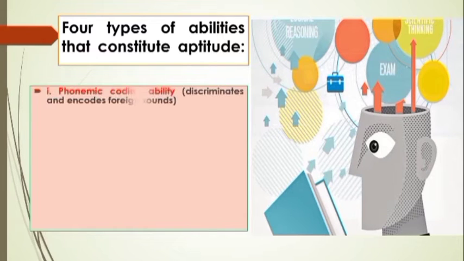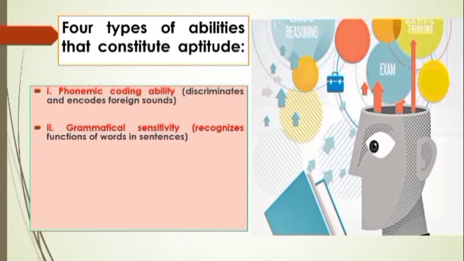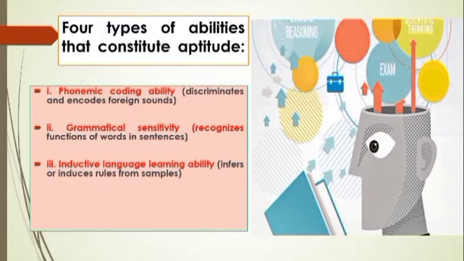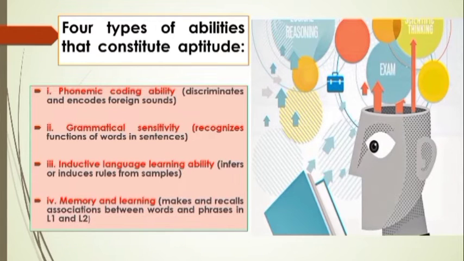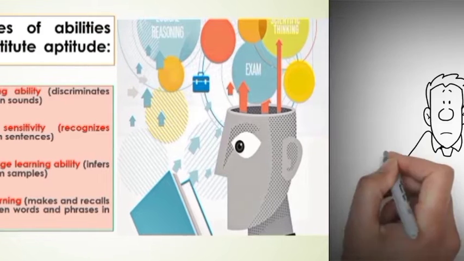We have phonemic coding ability, which discriminates and encodes foreign sounds; grammatical sensitivity, which recognizes functions of words in sentences; inductive learning ability, which infers or induces rules from samples; and memory and learning, which makes and recalls associations between words and phrases in the first language and second language.